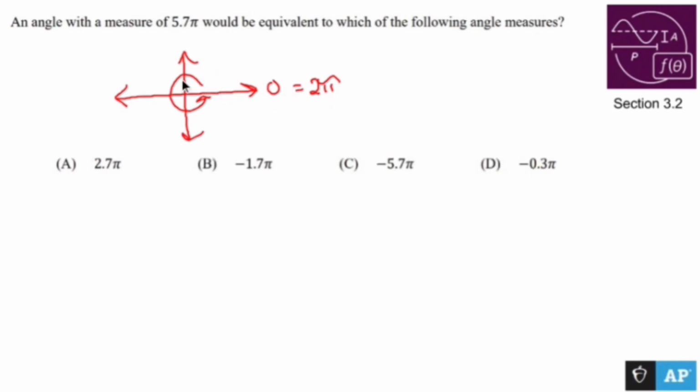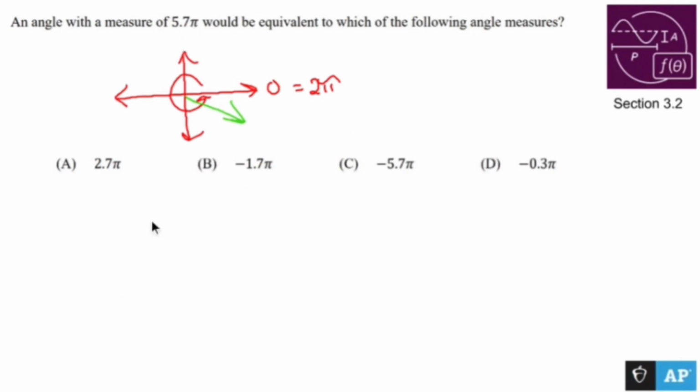And if you're wondering, hold on, isn't 5.7 pi and 3.7 pi different? No, if I were to take 5.7 pi and subtract 2 pi from it, I get the same thing because I'm circling 2 pi.